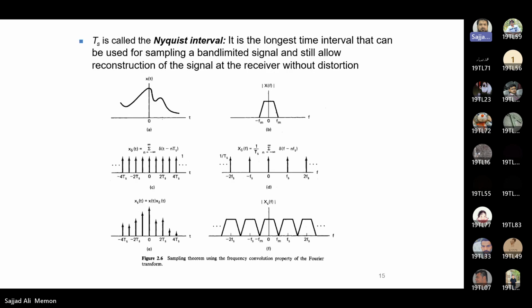So after the sampling, when we convert the sampled signal, that is a continuous valued discrete time signal, using Fourier transform, you will be getting something like this.